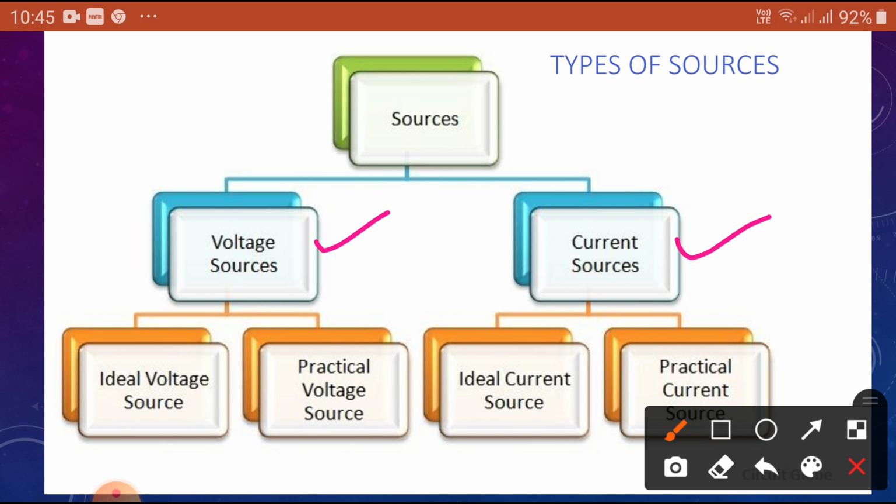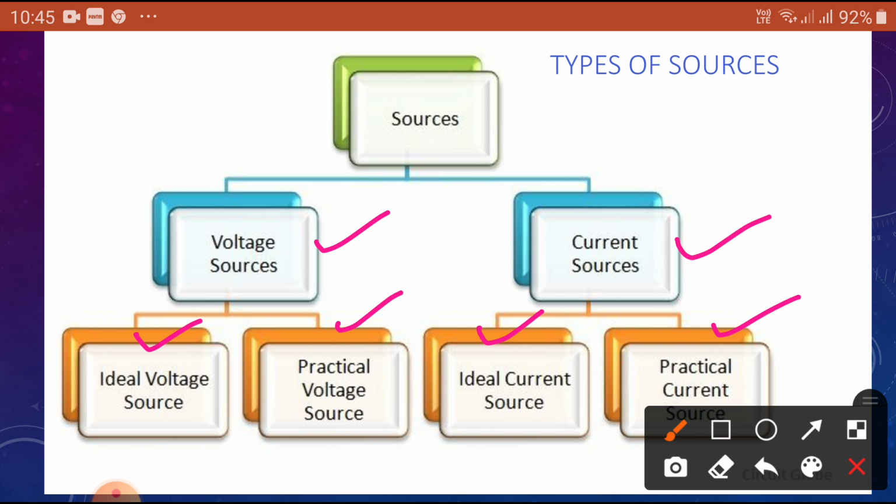The voltage source is the voltage across two points. Current source is the current in a closed circuit. The voltage source is further classified into ideal voltage source and practical voltage source. Similarly, current sources are ideal current sources and practical current sources.